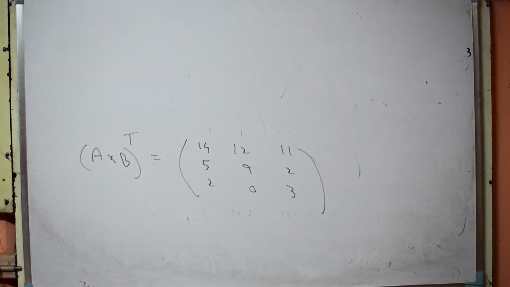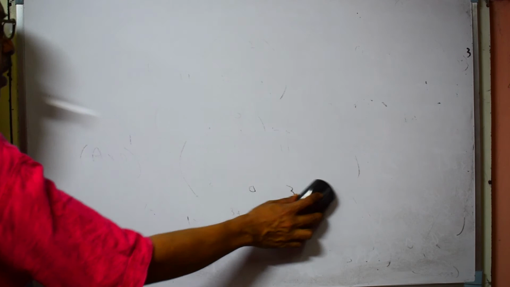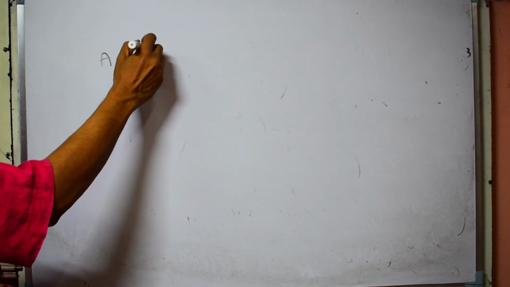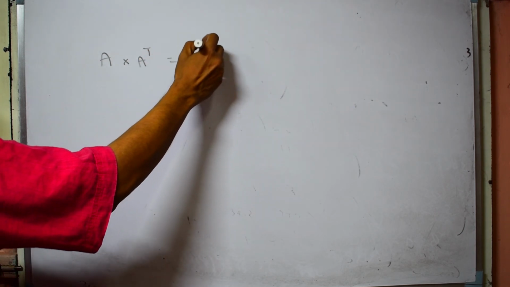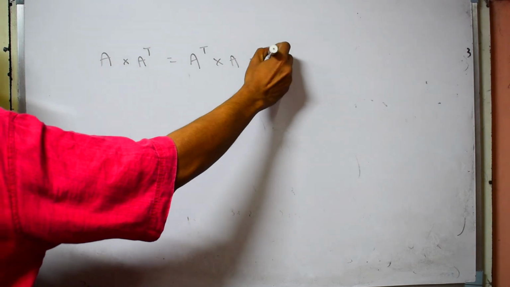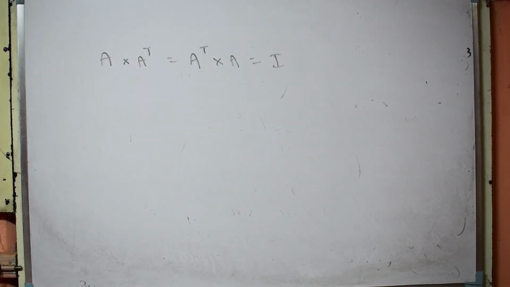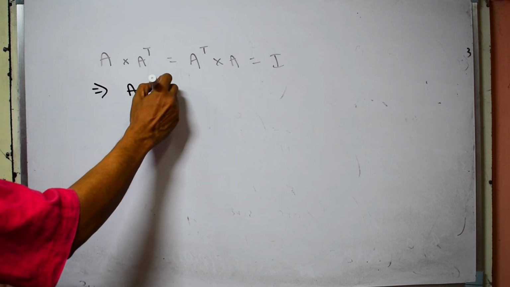One last concept I want to discuss: sometimes we get a very interesting result in matrices. If I multiply A into A transpose, or A transpose into A, and finally we get I, then we say A is an orthogonal matrix.